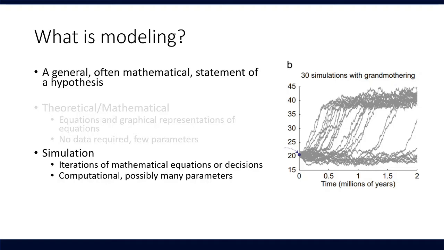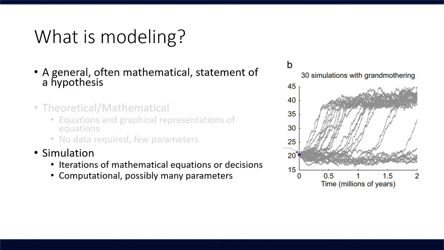This could also be not strictly speaking a mathematical equation, but some sort of decision, perhaps, that an agent or an individual that you have programmed is making. You could program a bunch of individuals to have certain behaviors based on certain mathematical processes and make those agents or individuals interact with each other and then explore over the course of numerous iterations or repeated interactions what happens in this model.